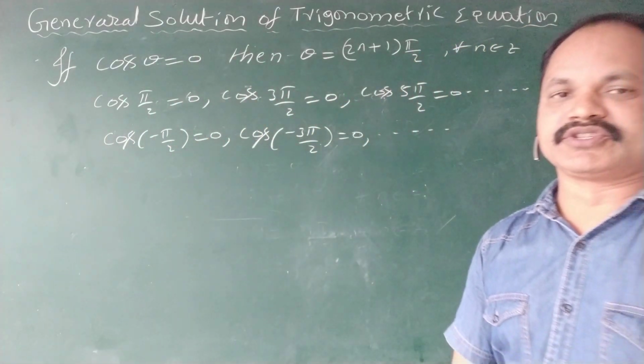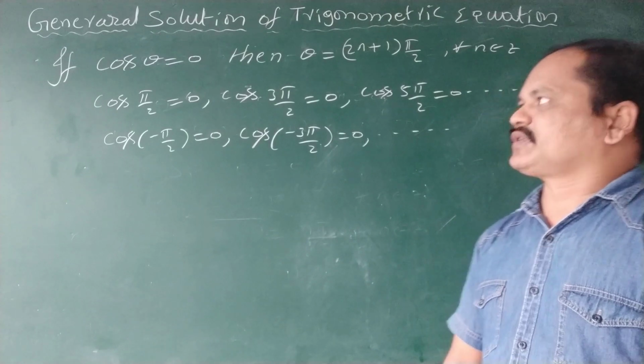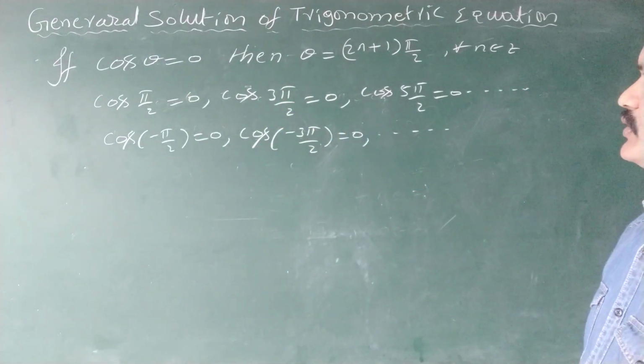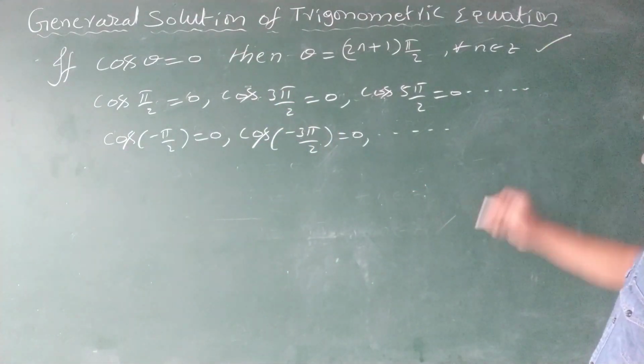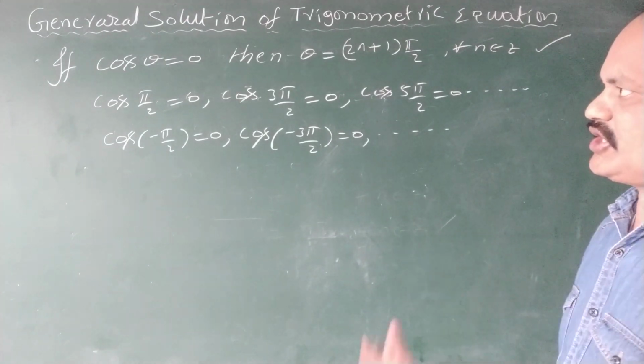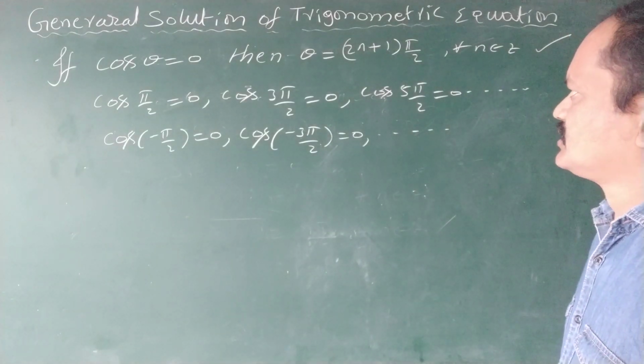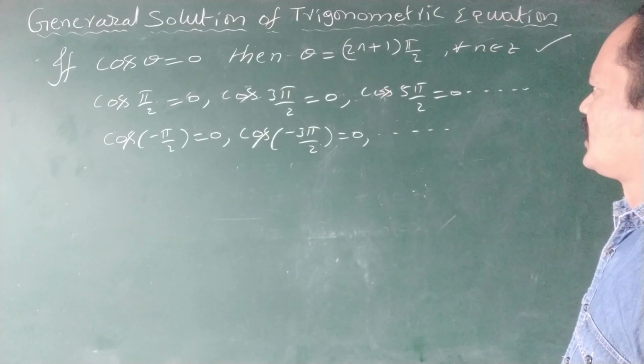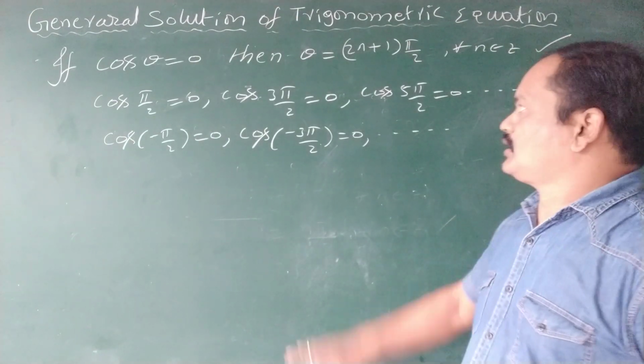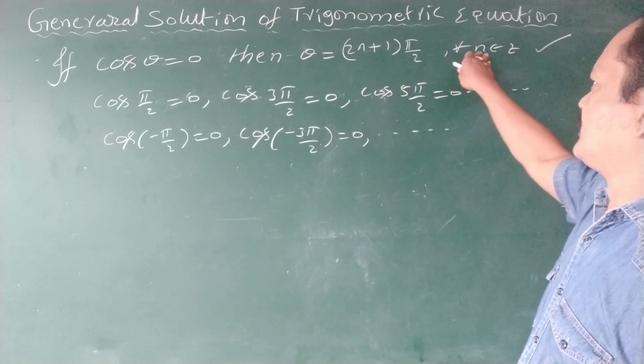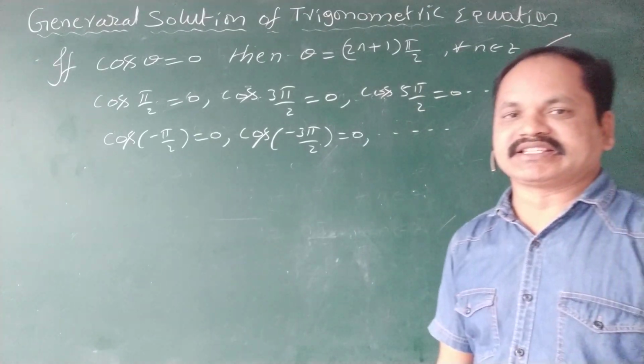So odd multiples of pi by 2 give 0. That's why the general solution for cos theta is equal to 0 is theta is equal to (2n plus 1) pi by 2, odd multiples of pi by 2, where n belongs to Z. Z is the set of integers.